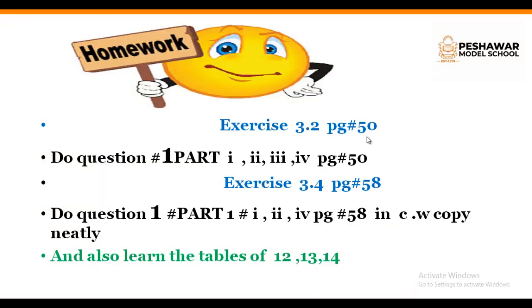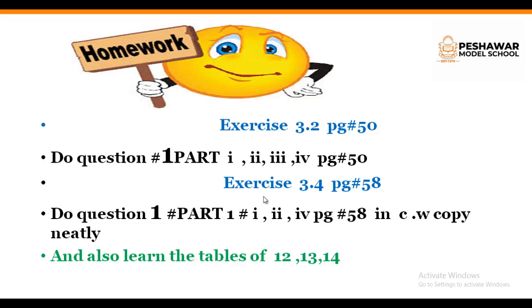So time to do your homework. Now your homework is, you have to do the exercise 3.2, page number 50. You have to ready your page very neatly. Draw the margin line, write the date, then homework exercise 3.2 at the very top of your line, page number 50. And what you have to do, question number 1, parts number 1, 2, 3, 4. 5 is done in your slide.